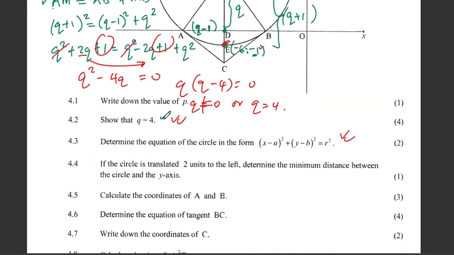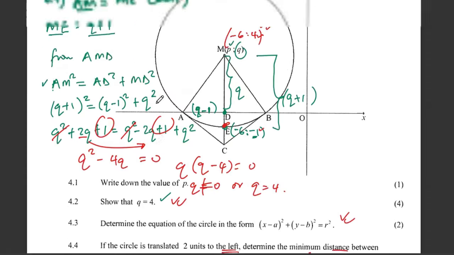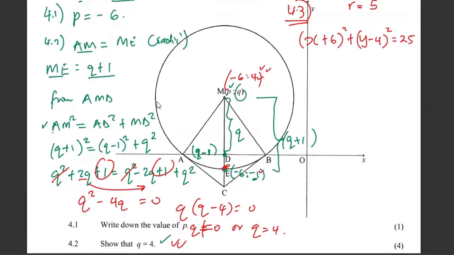And then 4.4, if the circle is translated 2 units to the left, determine the minimum distance, the smallest distance between the circle and the y-axis. So if I'm to look at this circle, technically the minimum distance must always make 90 degrees with whatever line of reference, meaning the distance from this point to this point is what we need.